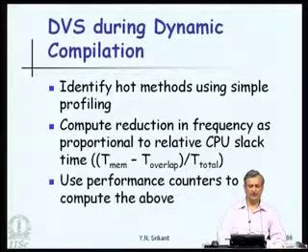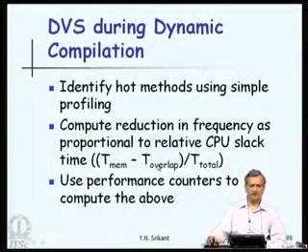They try to accumulate information about which methods are executed very frequently using simple profiling methods, and then they compute reduction in frequency as proportional to the relative CPU slack time. As we know, the time required for accessing memory minus the overlap time, that is the useful activity of the CPU, is the overlap.